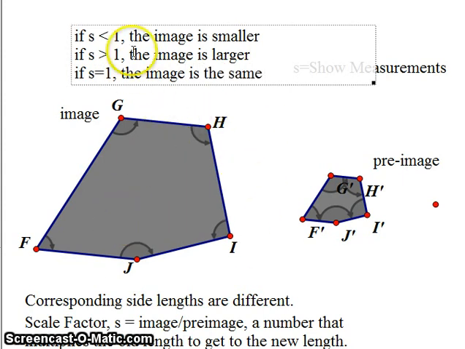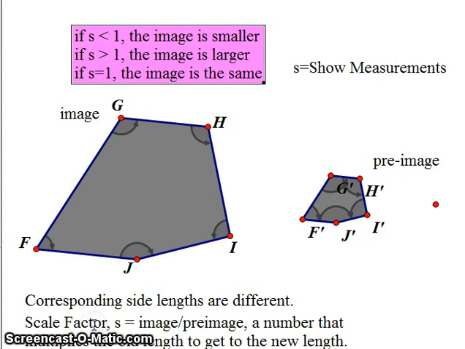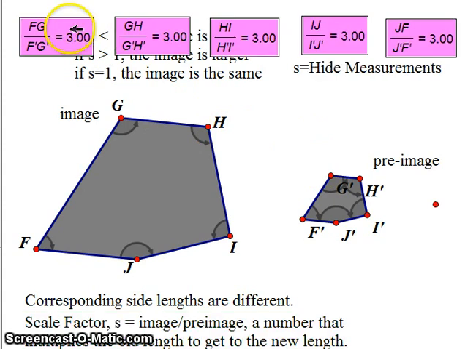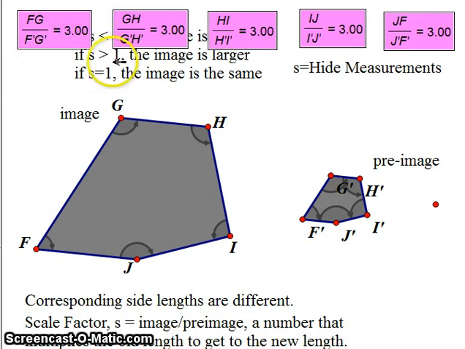And to figure out what s is, you have to divide the image length by the pre-image length. It doesn't matter which pair of corresponding sides you use, because you will always get the exact same answer as long as they're corresponding.